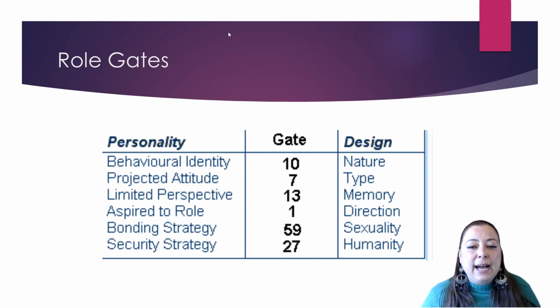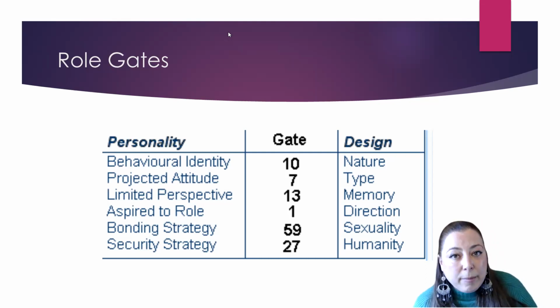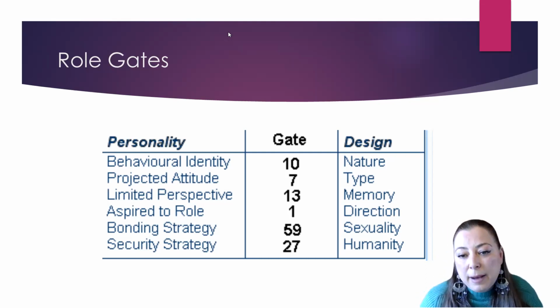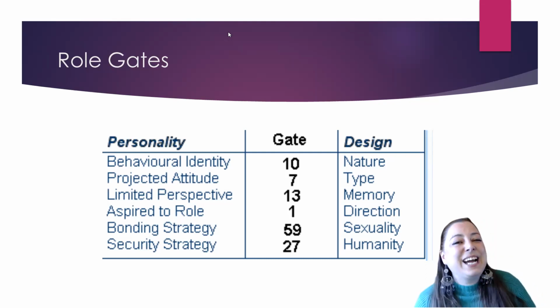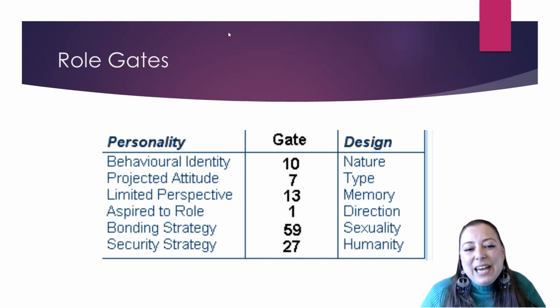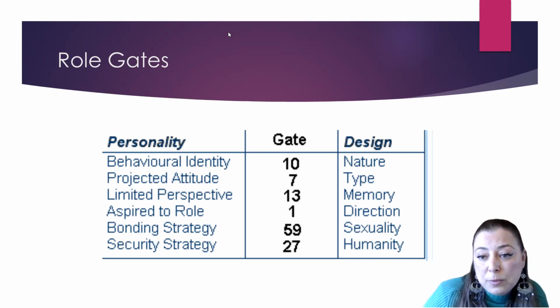Our projected attitude, the seventh gate, is the first line is the authoritarian, the second line the democrat, the third line the anarchist, the fourth line the abdicator, the fifth line the general, the sixth line the administrator. And we go to the limited perspective, which is the 13th gate. Empathy is the first line, 2 bigotry, 3 pessimism, 4 fatigue, 5 savior, 6 optimist.